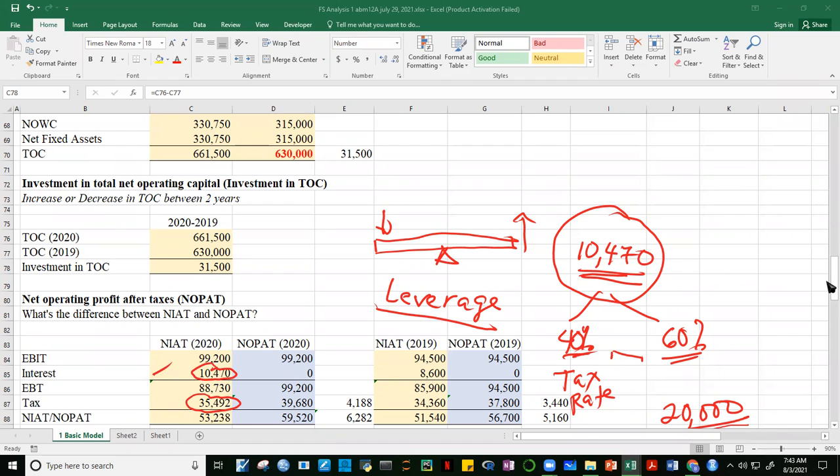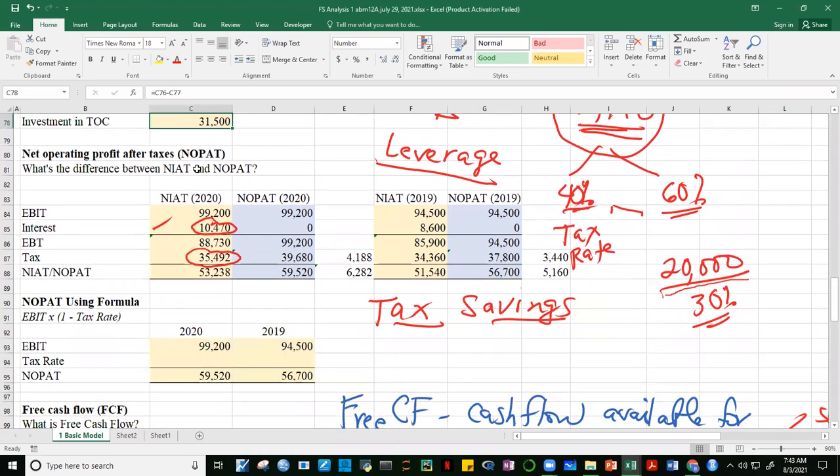It's okay. So let's now go to NOPAT, net operating profit after tax. We said that NOPAT is different from net income after tax. NOPAT assumes that we are not going to charge management with interest expense, because that is not their account. They are not responsible for this. It's unfair if we charge management with interest expense, since they are not the main ones responsible for that.